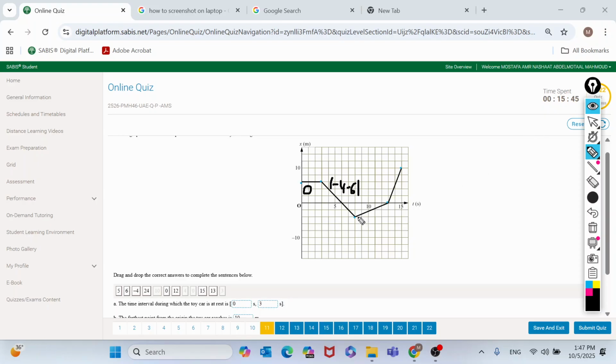Okay, so this segment is 0 minus negative 4. So 0 plus 4 is 4.